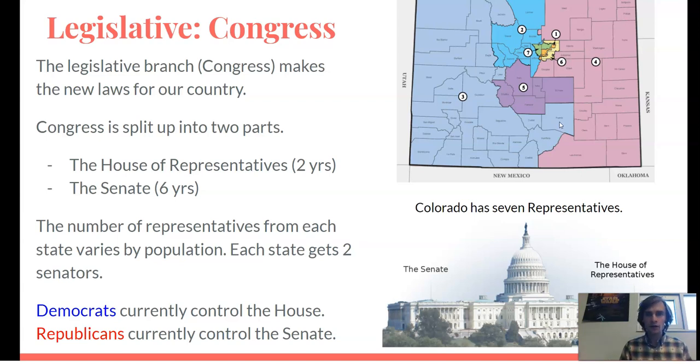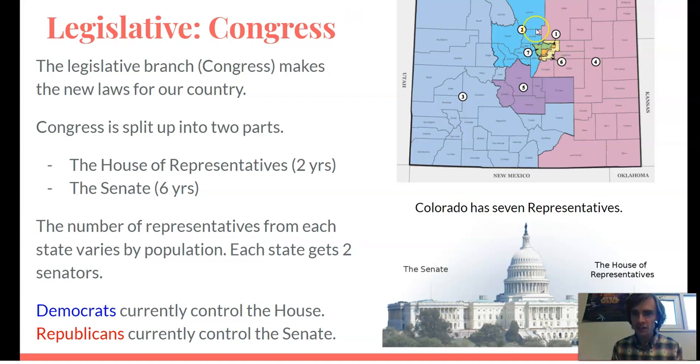Each member of the House who represents one district serves for 2 years, and then they have to be reelected every 2 years. You might be looking at this map and thinking, well, this doesn't seem fair. Why is the 1st district so small and the 3rd district so big? Well, it is not by geographical size, it is by population. If you know where Denver is on a map, Denver is right here, and Denver is the most densely populated area of our state.